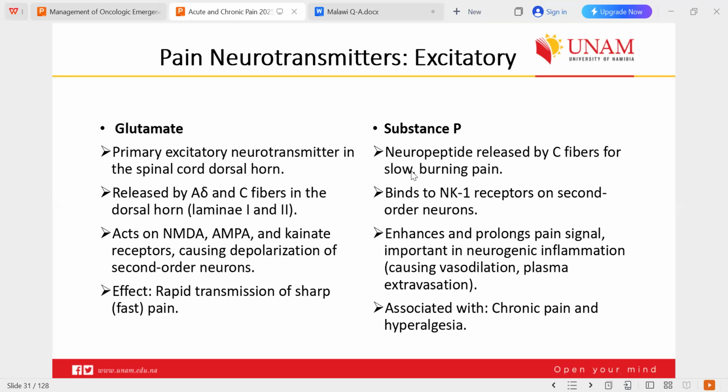It binds to neurokinin 1 receptors on second order neurons. It helps to promote and prolong the pain signal, especially in neurogenic inflammation, usually associated with hyperalgesia and chronic pain.